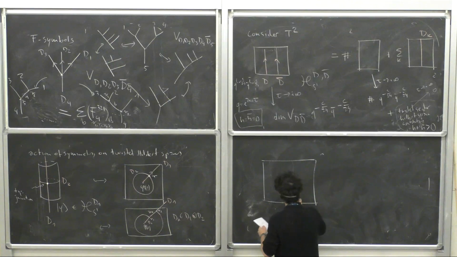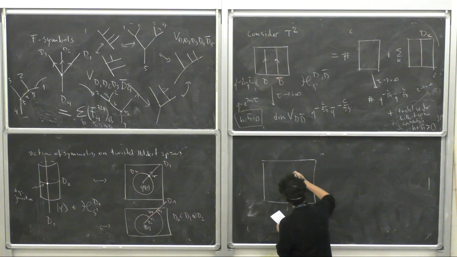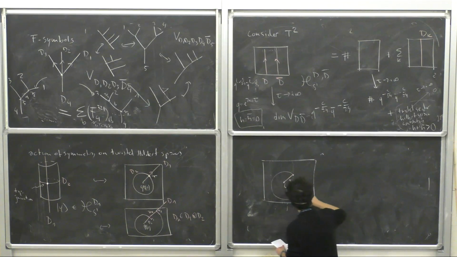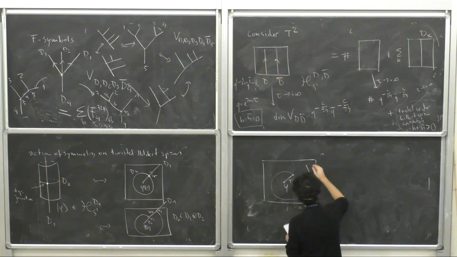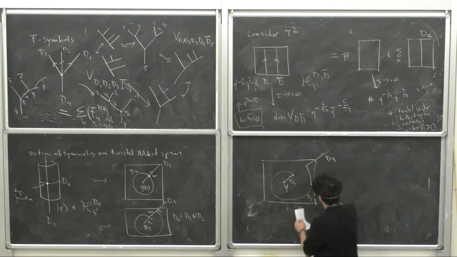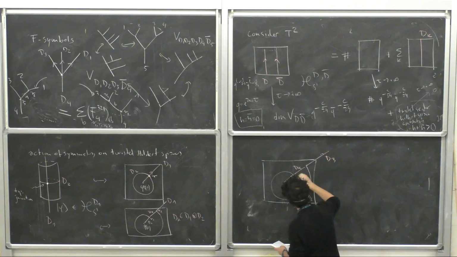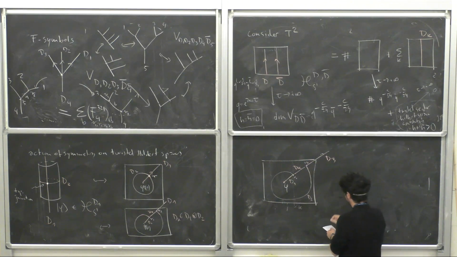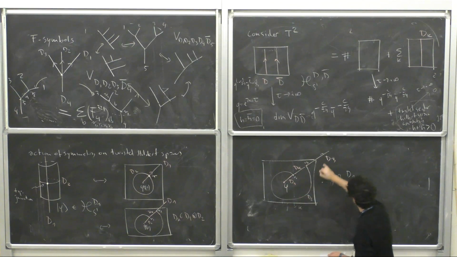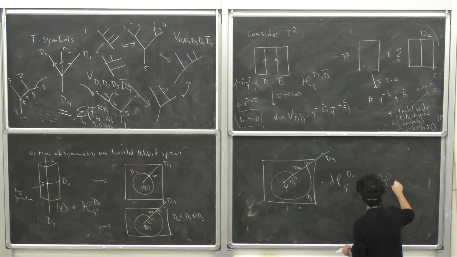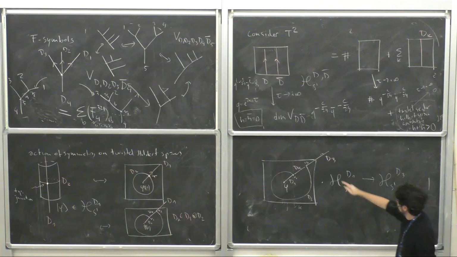You have your twisted sector operator, you have your line, you have a junction here, you have the line D2, and this one can fuse into another defect. And an action of this type, so here again you have your topological junctions, no? An action of this type will just induce a map from the twisted Hilbert space by defect D1 into the twisted Hilbert space by the defect D3.